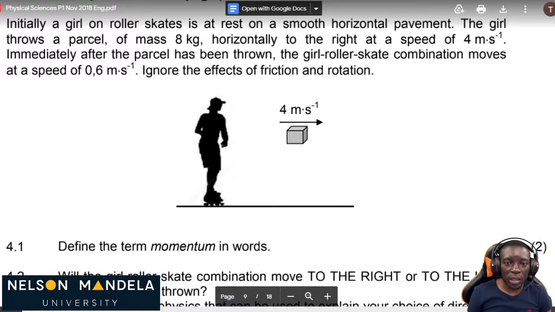Then we are told that the combination of the roller skate and the girl moves at a speed of 0.6 meters per second. So the first question is, define the term momentum in words.